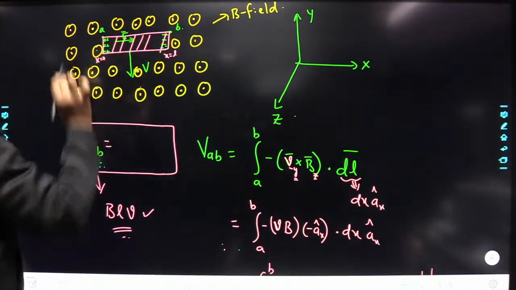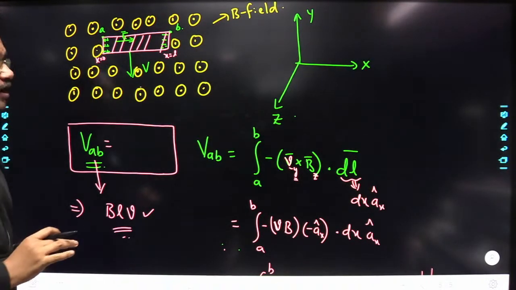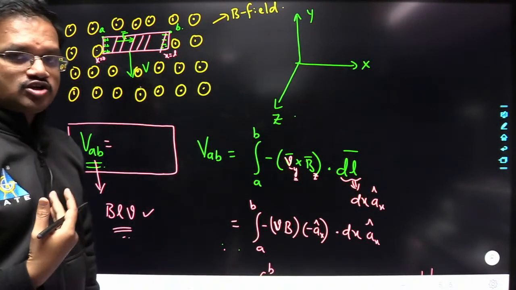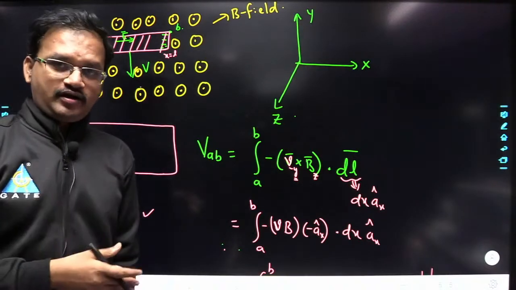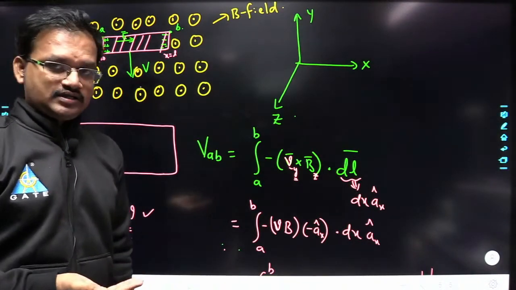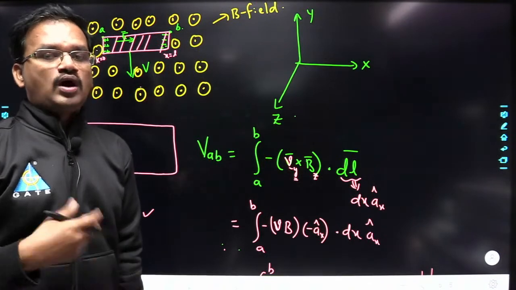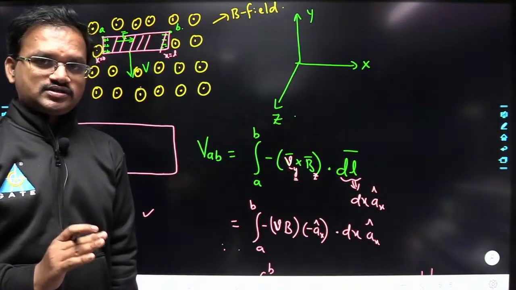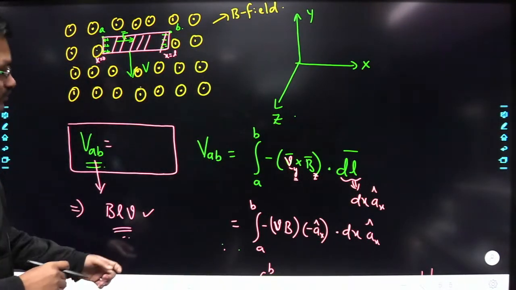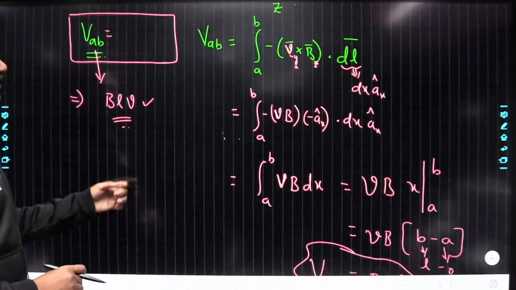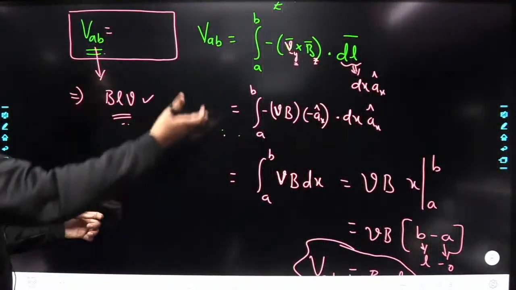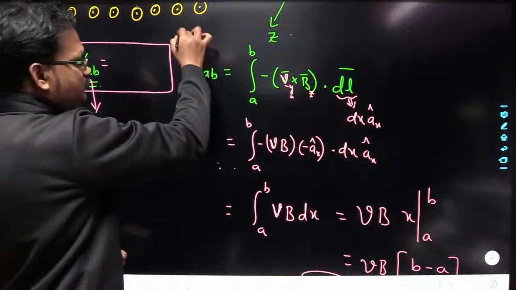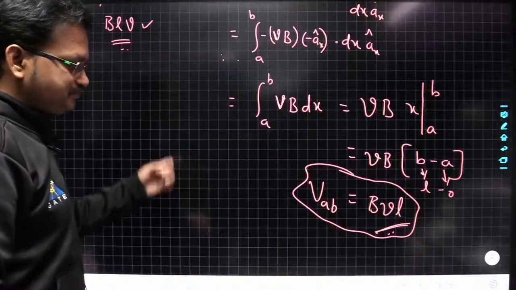If you want to analyze the direction of the magnetic force and the electric force, we can analyze that here. I have already told how to analyze all these things. So you can directly tell whether it is positive or negative just by using this formula.